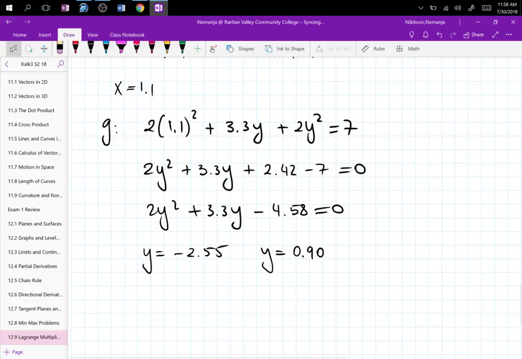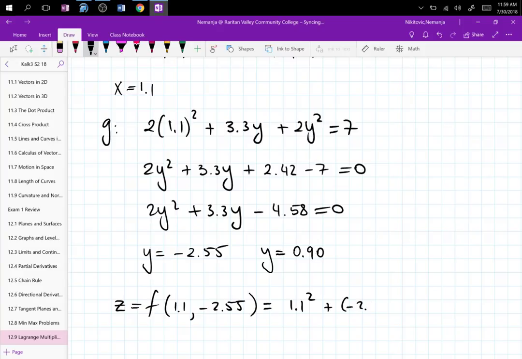So now I have a point, and I need to compute z, right? So z is equal to f computed at 1.1 comma negative 2.55, and that is going to give me z. So I have 1.1 squared plus negative 2.55 squared.